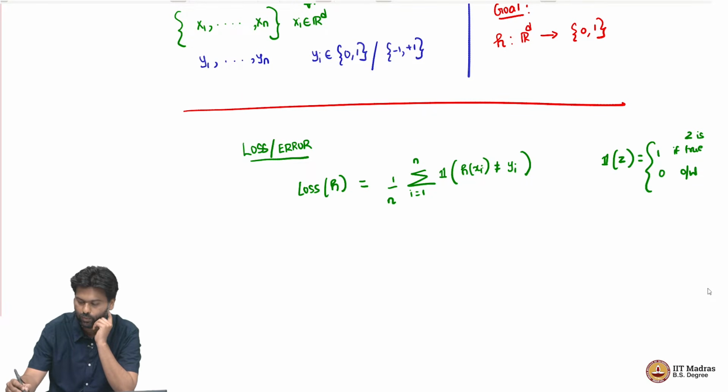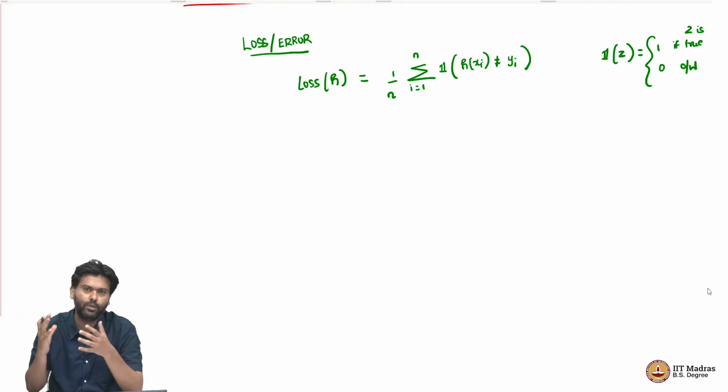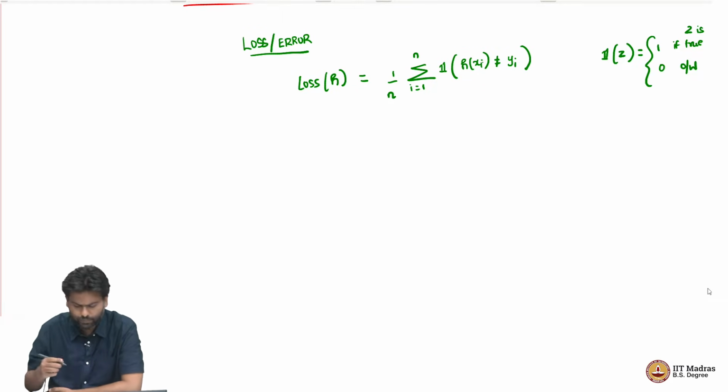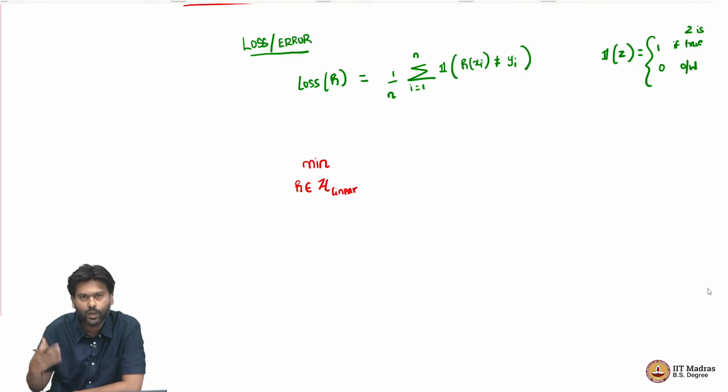So what we could do is restrict my space of functions to just the linear functions, and then my algorithm would be to do the following: minimize over h in h linear, and I will tell you what h linear in this case means.